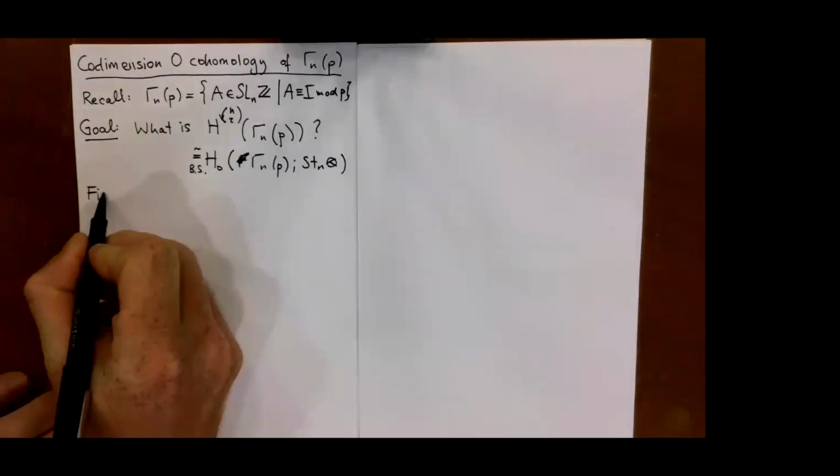And you might say, oh, we have a presentation, so you can just compute that. So let's follow this idea. First idea is, well, we just want to understand this.